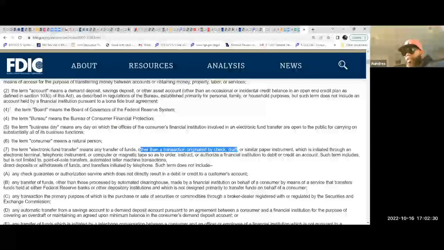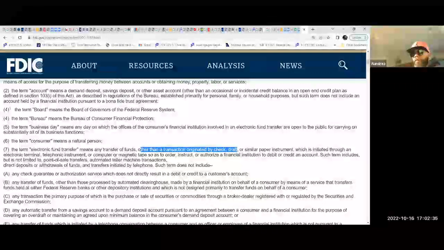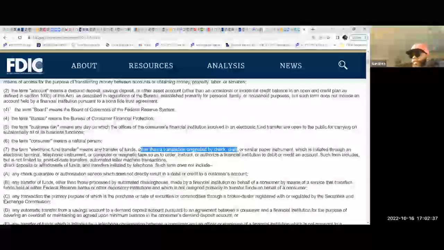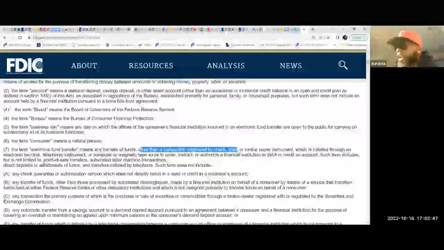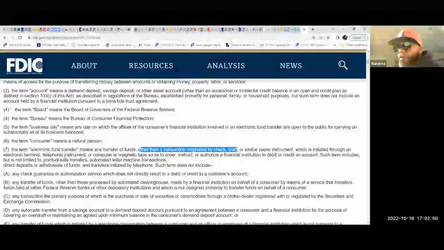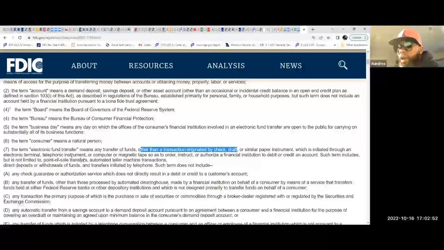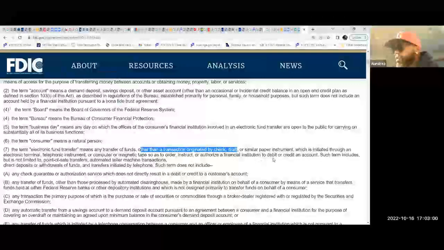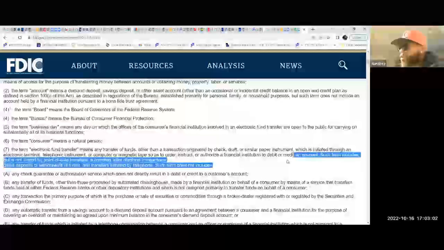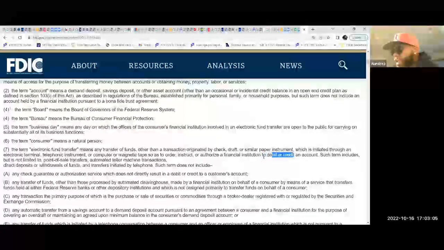According to the EFT Act, an electronic funds transfer isn't a transaction involving any type of check or draft, or similar paper instrument, which is initiated through an electronic terminal, telephonic instrument, or computer or magnetic tape, so as to order, instruct, or authorize a financial institution to debit or credit. It didn't say withdraw. So I want you to get it.